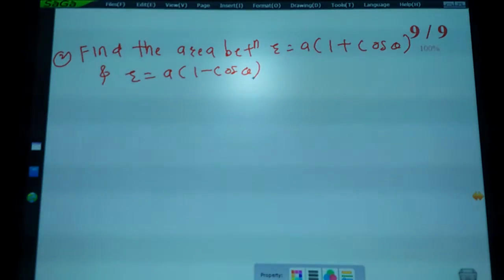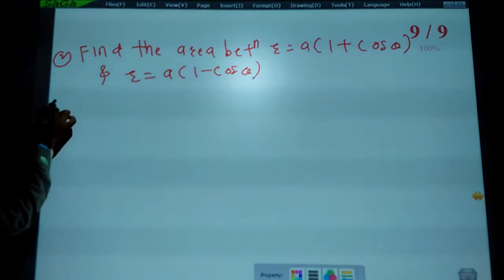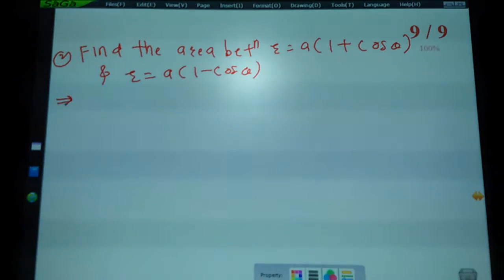We are given two curves. First is r is equal to a times 1 plus cos theta, and second is r is equal to a into 1 minus cos theta.